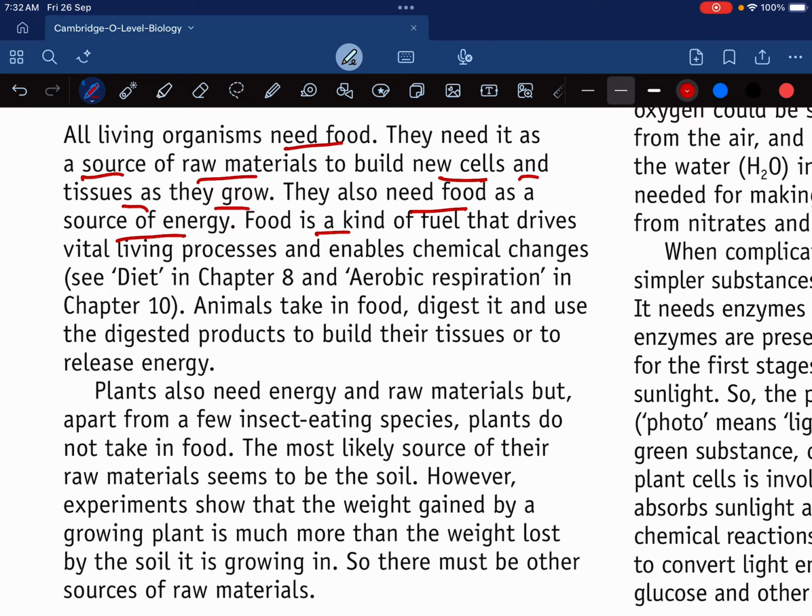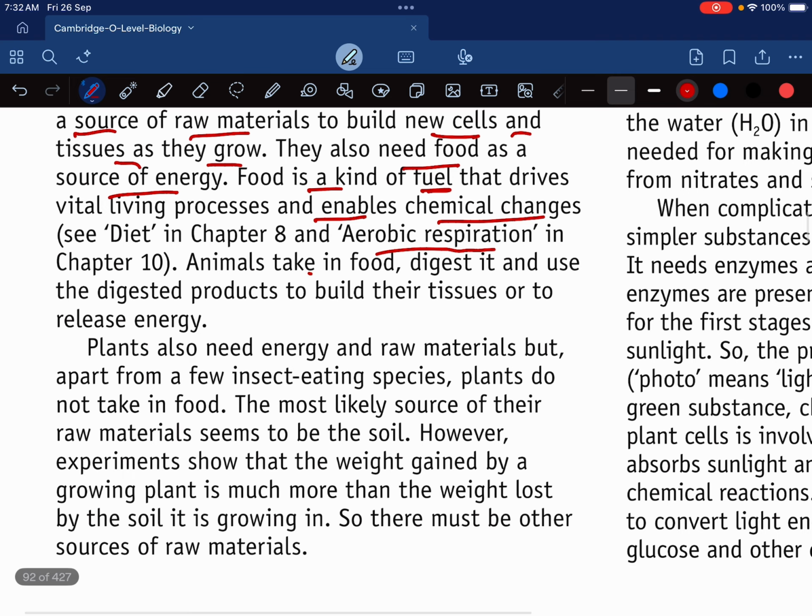Food is a kind of fuel that drives vital living processes and enables chemical changes, aerobic respiration, and so on. Animals take in food, digest it, and use the digested products to build their tissue or to release energy.